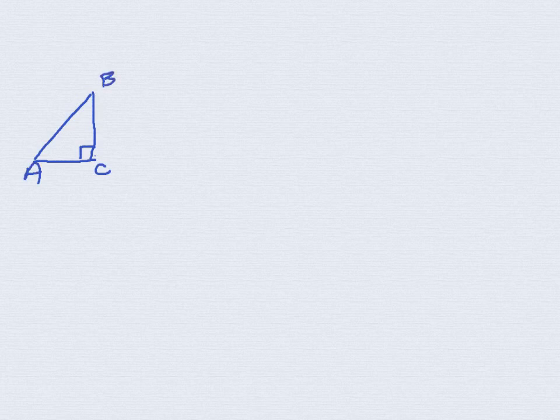You will get a relationship that says, if I follow the rules, across from angle C is side little c, across from angle B is side little b, and across from angle A is side little a.